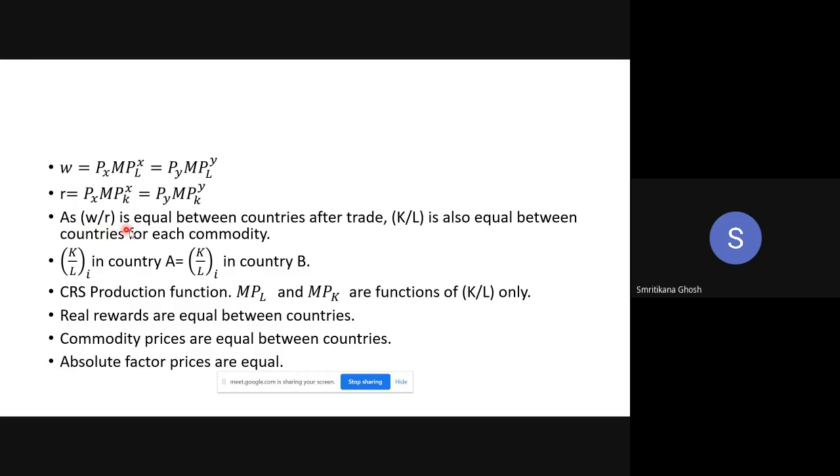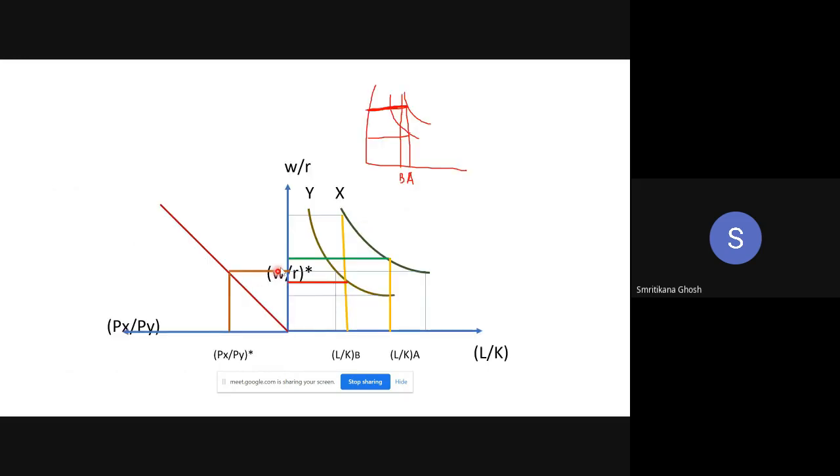W by R is equal between the countries after trade, right? Because after trade, if there is an overlapping zone, then W by R for both the countries, because after trade, Px by Py for both the countries will be Px by Py star, right? That is the international terms of trade. And as they are following international terms of trade, they are getting W by R star, which is common for both.